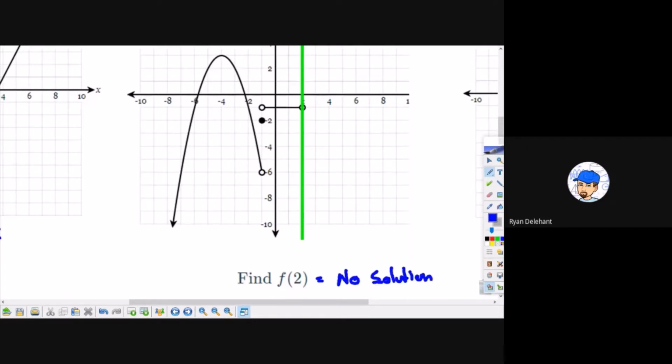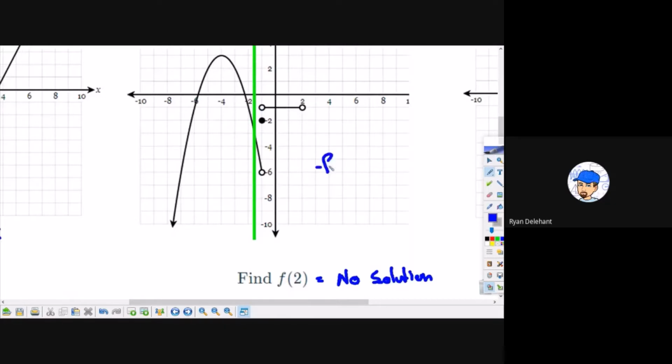This one has no solution. It doesn't hit the graph anywhere there, okay? So anytime you cross an open hole, it's really not touching the graph. If we came over here and looked at -1, it looks like it hits 3 times. But 2 of those spaces are open.